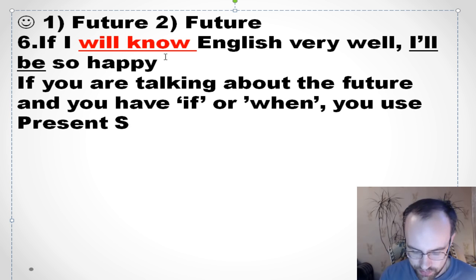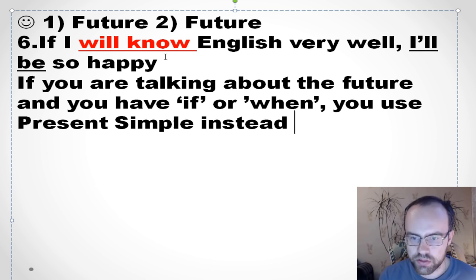Use present simple instead of future simple. Instead of means not future simple, but present simple.